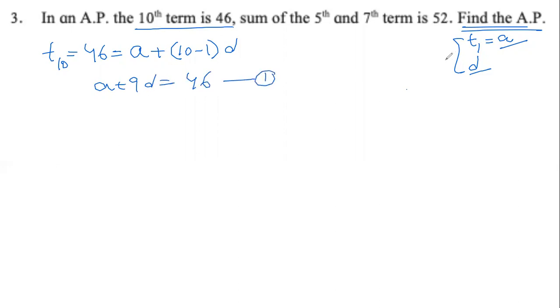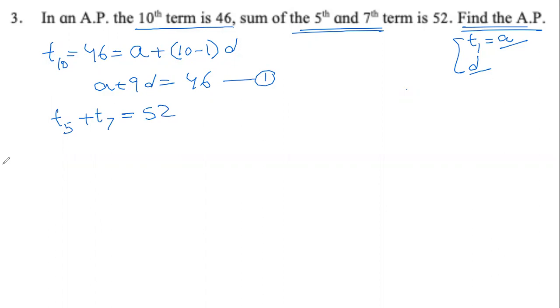We need to find two variables, right? A and D. We got one equation. Perhaps we will get another equation. Let us see if we get it. Now the 5th term will be T5, the 7th will be T7. Their sum, so I added them, equals 52.